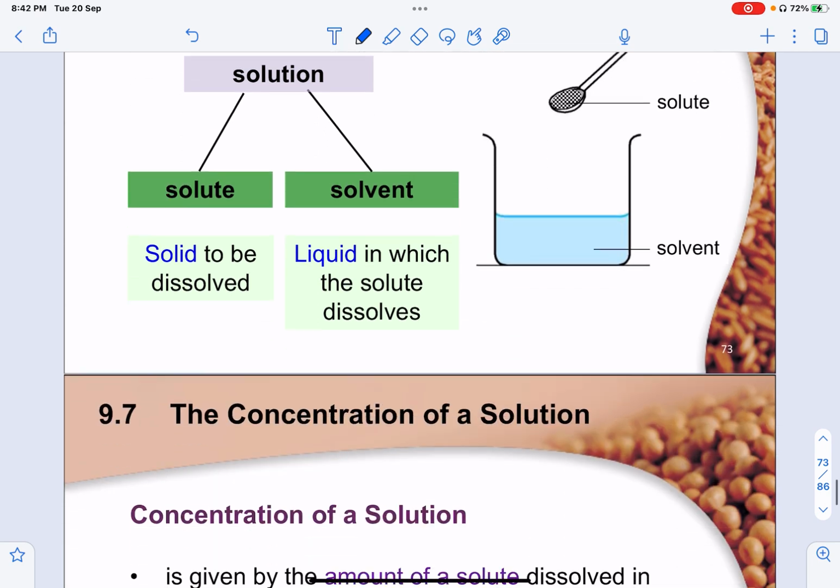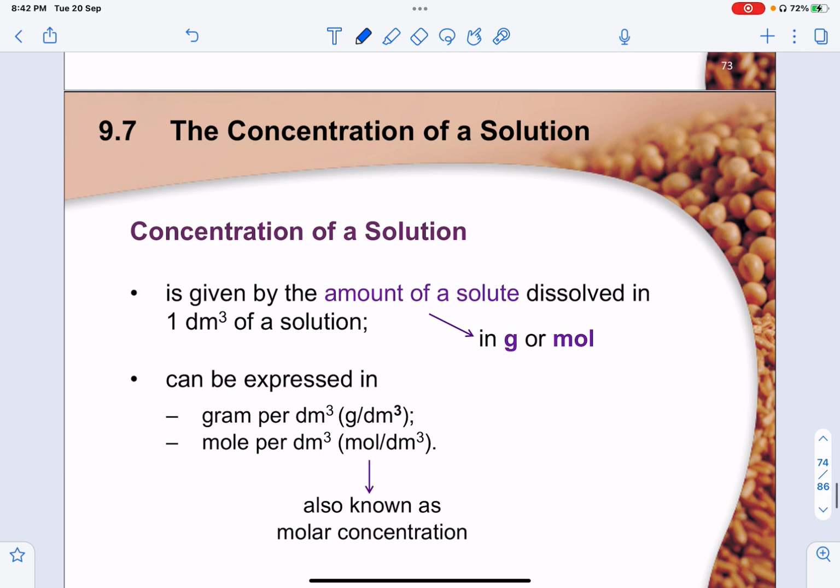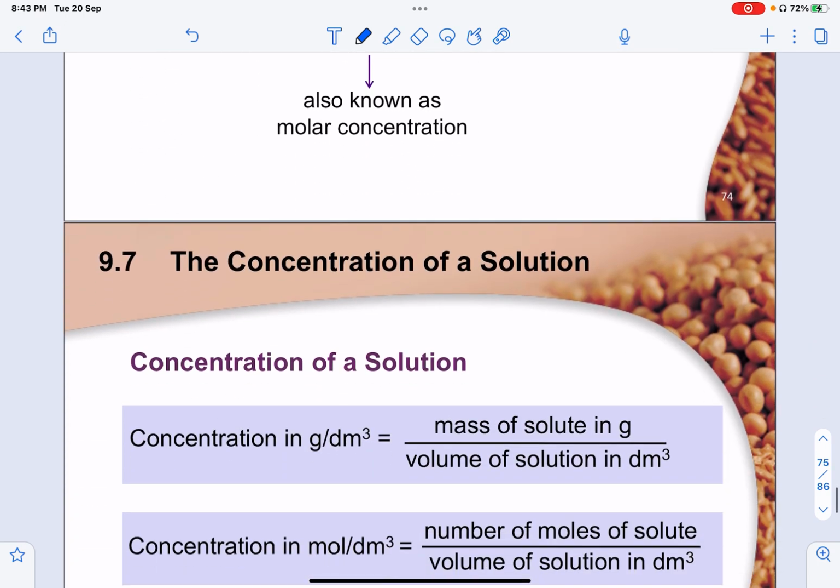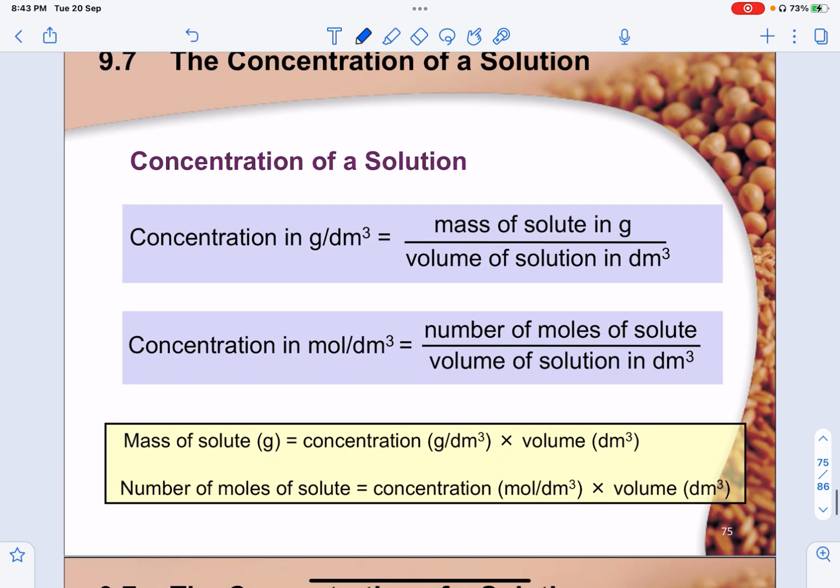Hence, when you want to calculate concentration, we are actually measuring the amount of solid or solute dissolved with respect to 1 dm cube of volume of the solution. That's why the amount here can be represented in terms of the mass, or it can be the number of moles. So there are two forms of formula to calculate concentration, and the exam will state very clearly whether they want grams per dm cube or moles per dm cube.